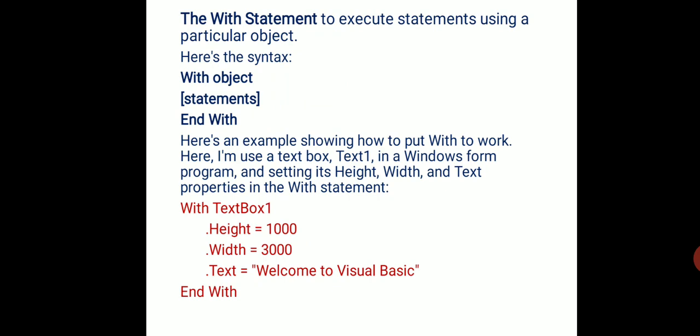So here: With TextBox1, Height equal to 1000, Width equal to 3000, Text equal to "Welcome to Visual Basic", and the With statement is ended with the keyword End With. While creating a form in Visual Basic programs, we have to use different controls or objects like text box, label, button.